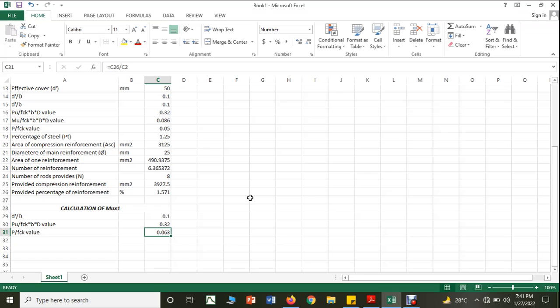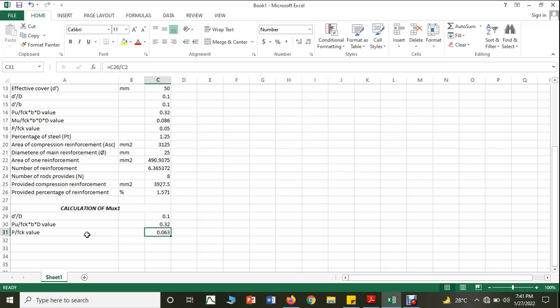Now from the Pu by fck bd value, d dash by D value and p by fck value, go to the corresponding chart of SP16. For this problem I am going for chart 44.